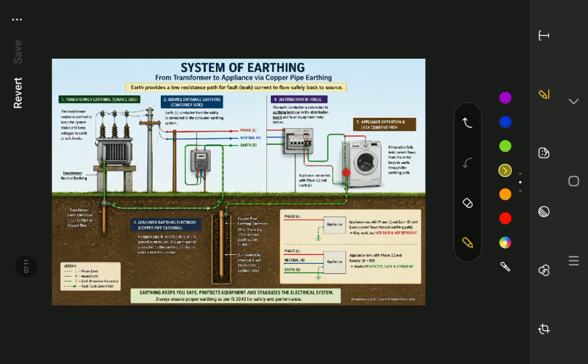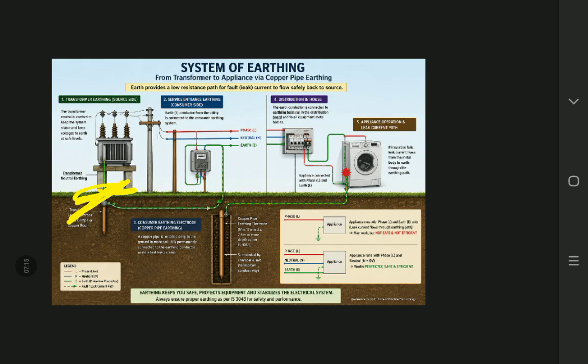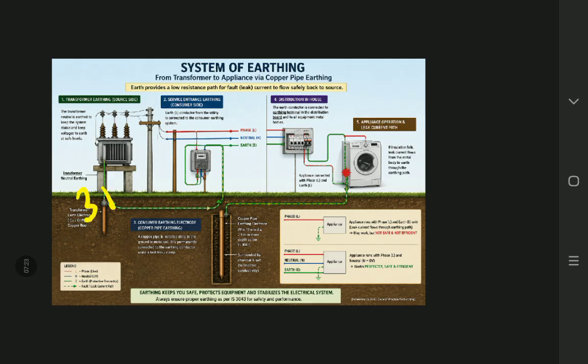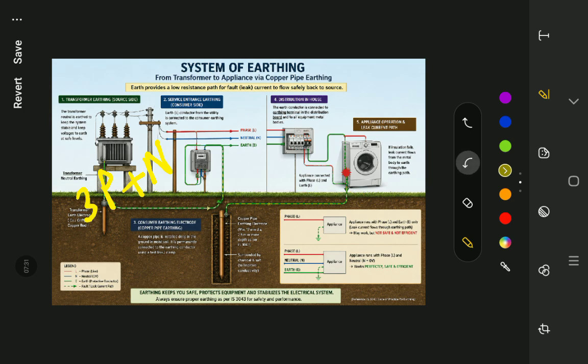The neutral also carries phase when it is not connected to the ground; if it is connected to the ground, then it becomes neutral. From the transformer output we get 3 phase plus neutral, and the earthing is obtained from the ground surface using a copper pipe or any other type of earthing. The phase goes to the meter, and we get the supply in our home.